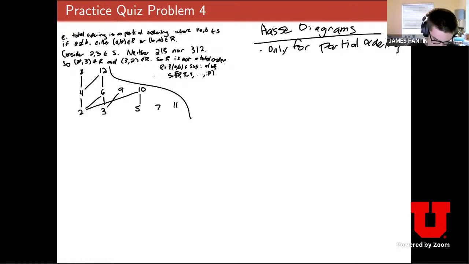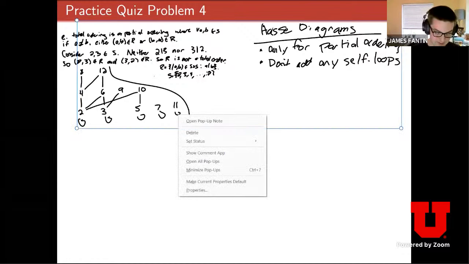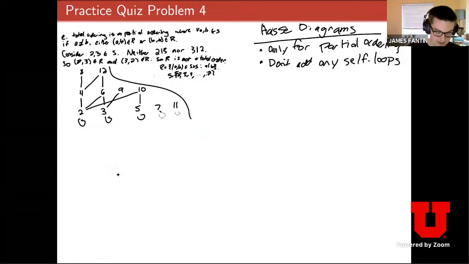Then we don't add any loops. And why? Because we already know from the first part it's a partial ordering. We already know it's reflexive, so it'd be quite redundant to draw all these self loops. So for simplicity, the Hasse diagram ignores that.